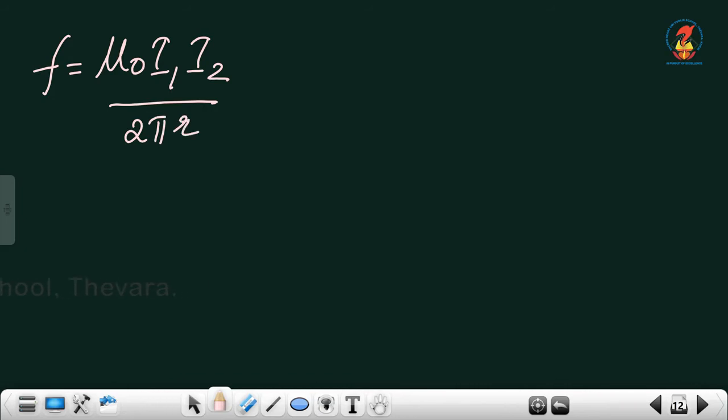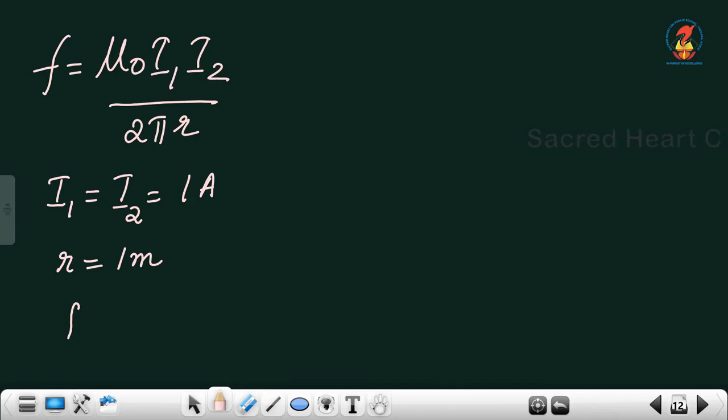F is force per unit length. So, if I1 is equal to I2 is equal to 1 ampere and r is equal to 1 meter, then what is F? F is mu 0 by 2 pi, and we know mu 0 by 4 pi is 10 raised to minus 7. So, mu 0 will be 4 pi into 10 raised to minus 7.